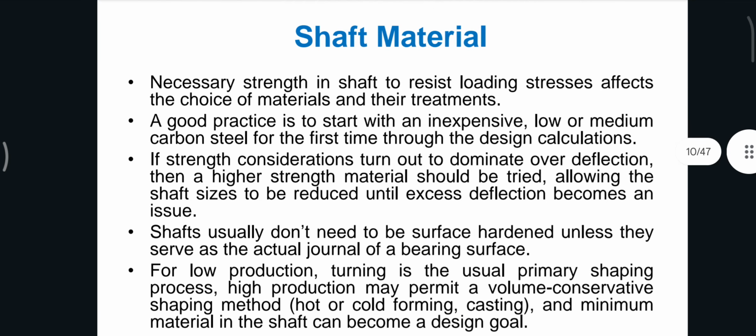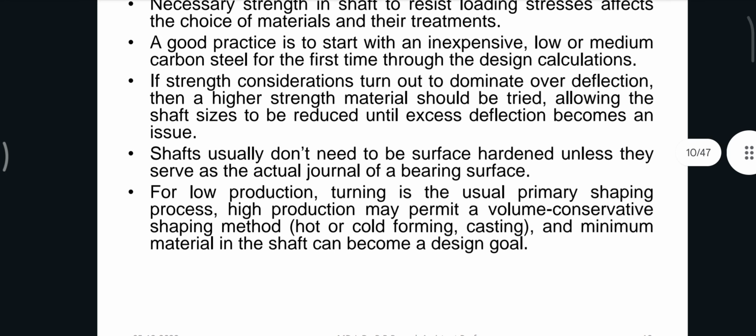Shaft material: the necessary strength in the shaft to resist load stress affects the choice of material and its treatment. Shafts usually don't need to be surface hardened unless they serve as the actual journal of a bearing surface.